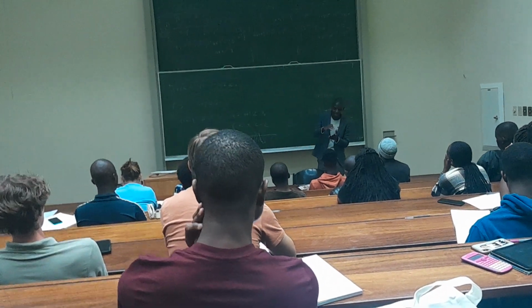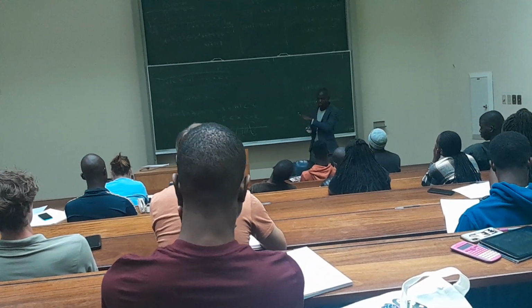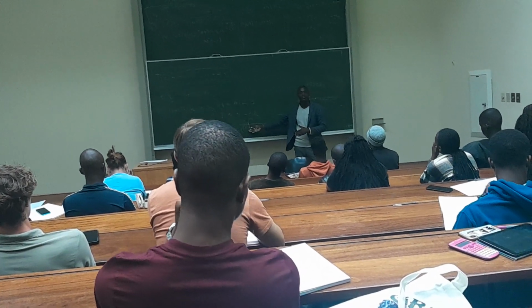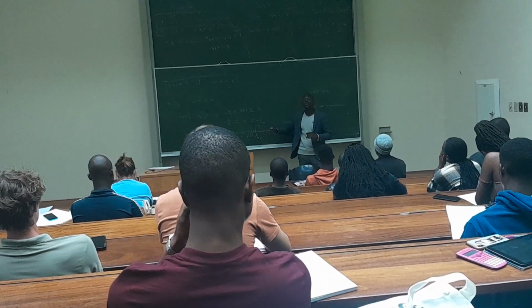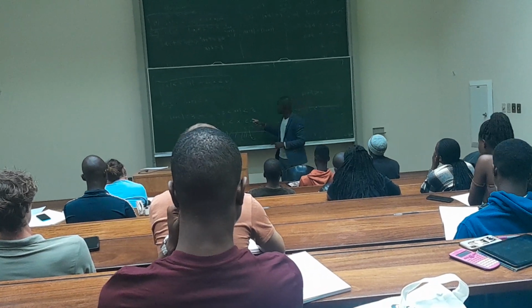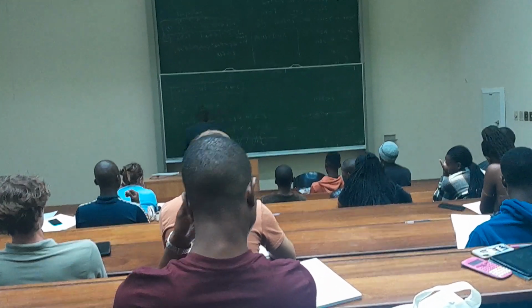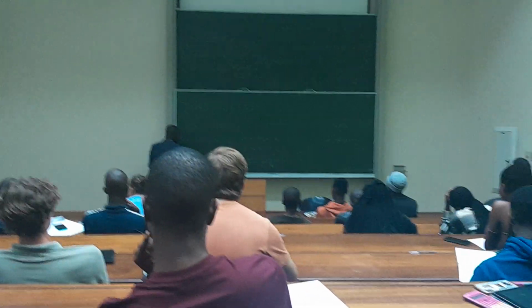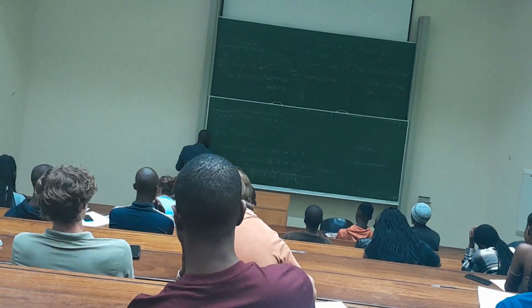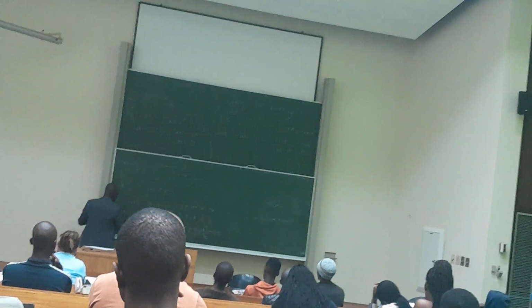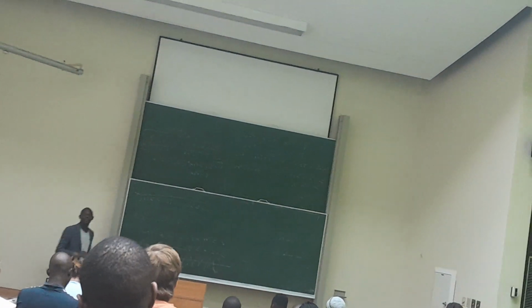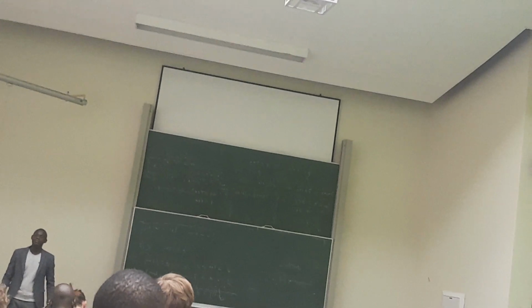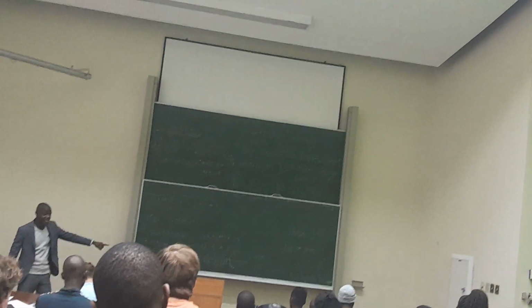That's the interval for this to be satisfied. So I can rewrite the statement like this: x is greater than minus 8 and x is less than minus 2. And that gives you this graph.